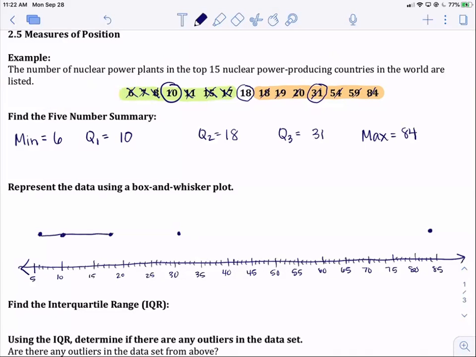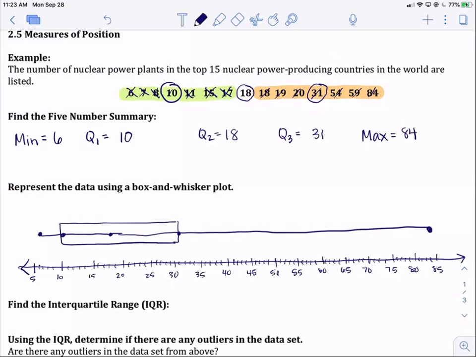Draw a line to connect all of your dots. And then you're going to make a box between your Q1 and your Q3. And then put a line through your box at your Q2.